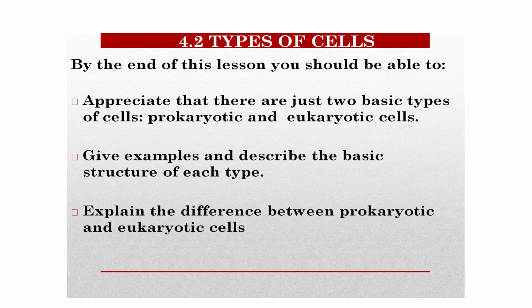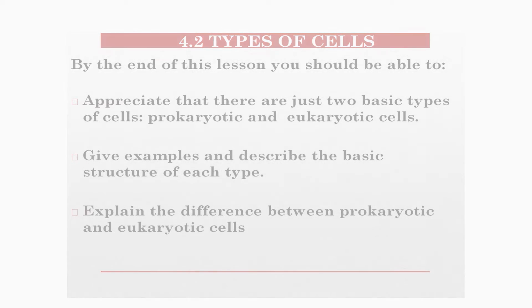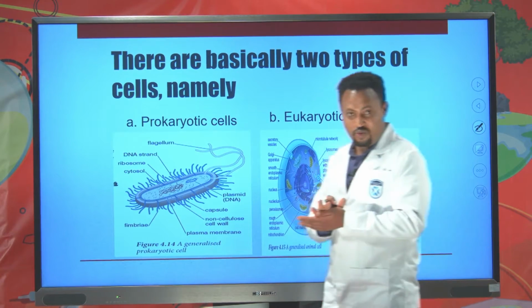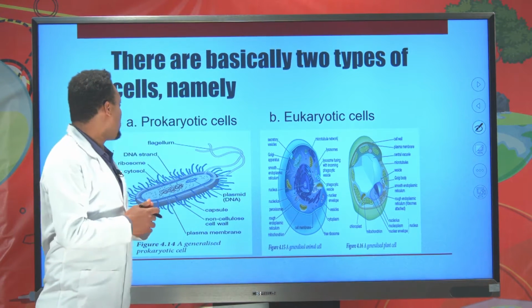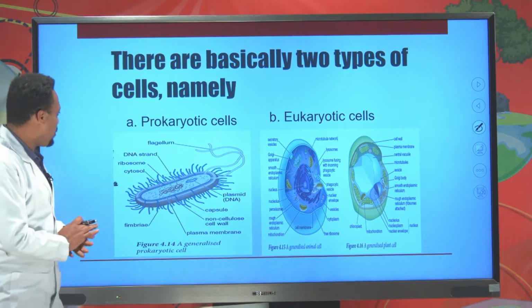And the other very important point I need you to remember is you should be able to give examples of these cells and also explain the structural differences between these cells. And at last, you need to also compare these two cells. You should be able to mention the differences between them. So let's go to these very important types of cells.